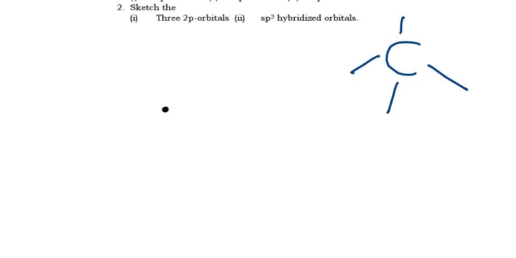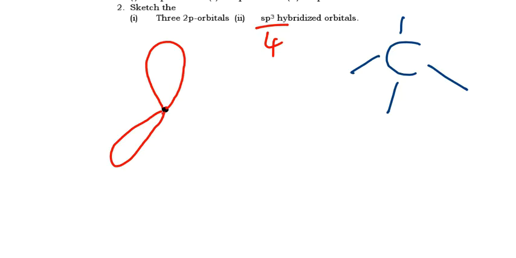So where there's carbon, I can just put a dot, and then I can draw something like that. And then we know sp3 forms four connections. So another one there, 1, 2. So we need one more.